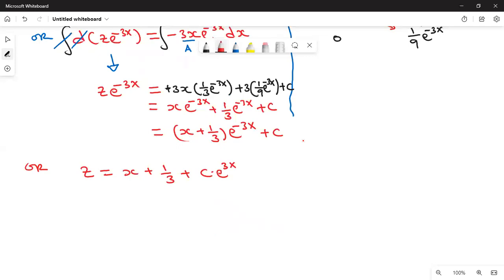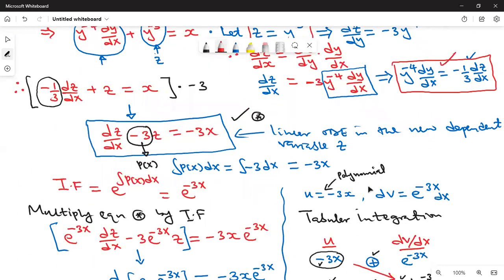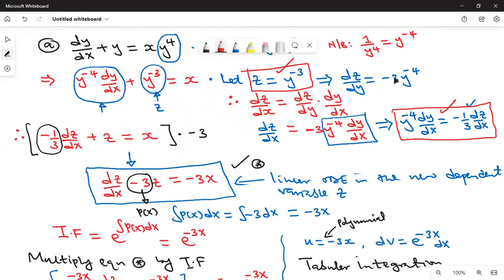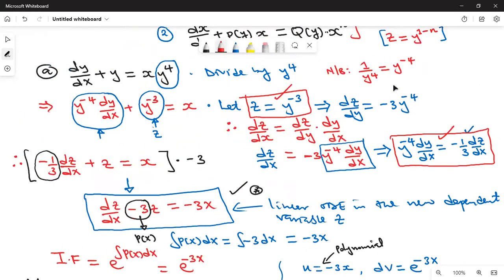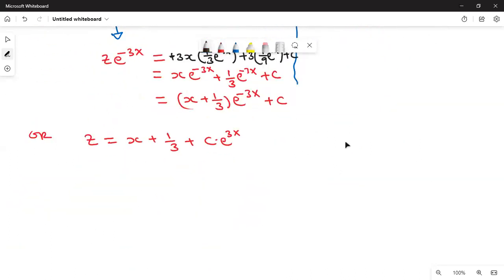And now that's our solution, but you have to replace z because you have to go back to x and y. So where did we define z? We go back, check where we defined z, and we said z is equal to y raised to negative 3. So replace z by y raised to negative 3 to get the final solution, the general solution.